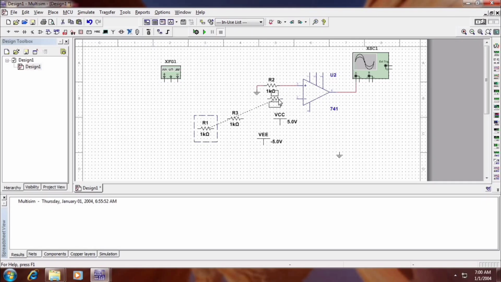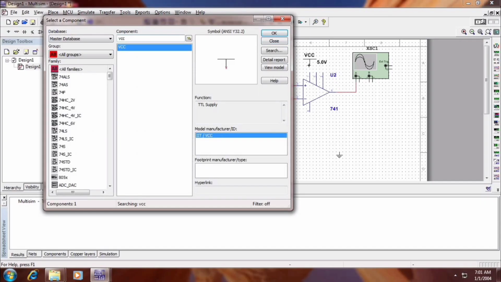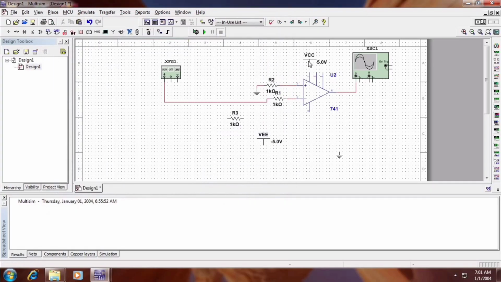So you know that the Schmitt trigger is nothing but a positive feedback, right? To the negative, the inverting terminal, I connected the other end of the resistor to the function generator. Next I'm connecting the positive supply to the 7th pin and the negative supply to the 4th pin.